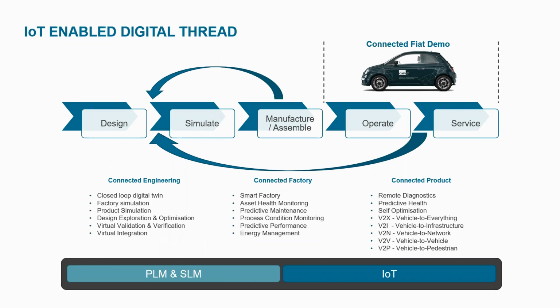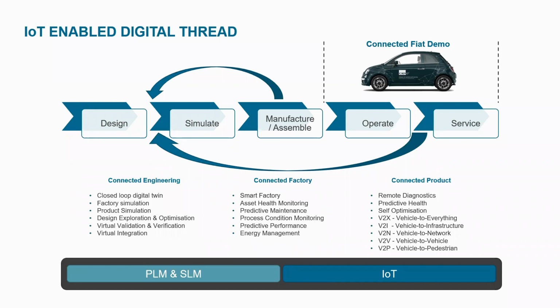So this is the production of the product in the factory, or even if it's a product you send out into the field, it's the product as it operates within the field. That could be the actual product you make within your factory that then has to operate in a car or on an aeroplane, or it could be a piece of machinery that you provide that has to operate on land or in another factory somewhere in the world.